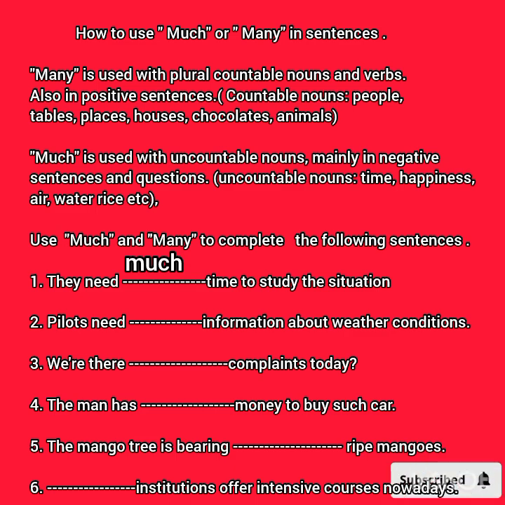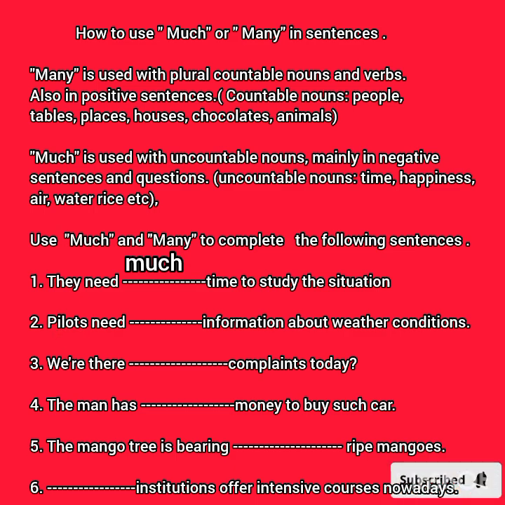Now let's look at the second sentence. The second sentence is: pilots need dash information about weather conditions. Now let's analyze the sentence. Do we have any noun there? Okay, pilot is a common noun.